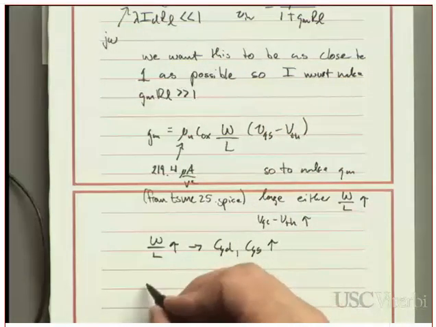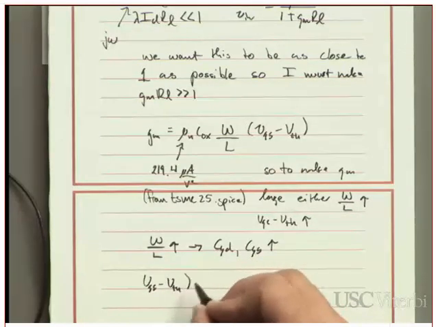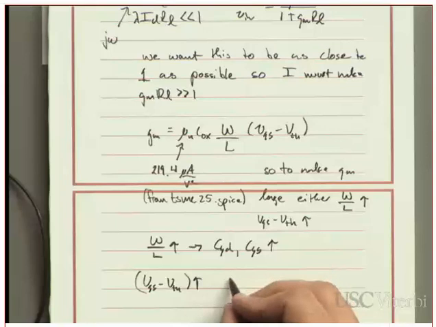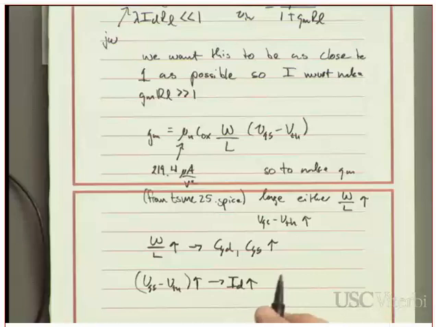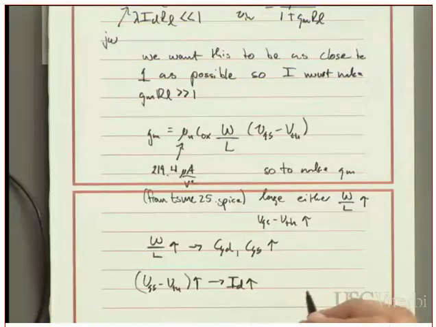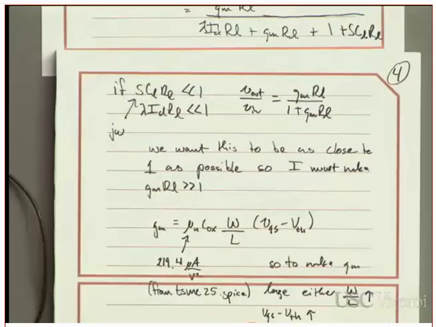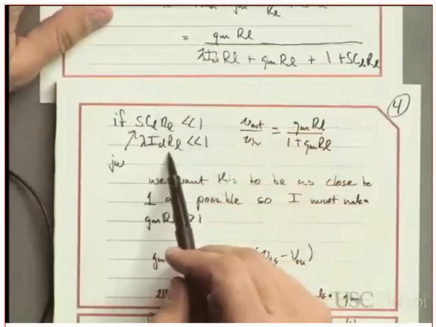The other thing that I could do, increasing basically the gate to source voltage, would make ID go up, which would possibly make this assumption invalid right here.